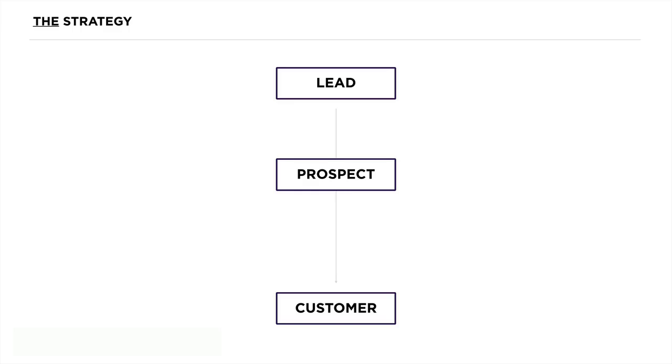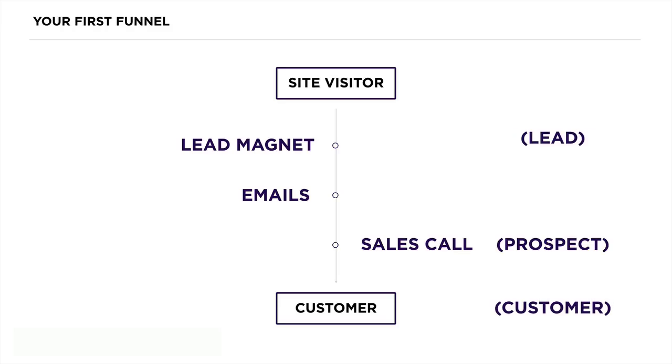And if this image looks familiar, it's because you've already implemented a version of it in the previous module back when we covered your first funnel. We built out one way to turn a visitor to your site into a lead, which they become once they opt in for your lead magnet. Then you set up an email sequence that converted a subset of those leads into prospects, which someone becomes once they indicate their interest in your offer by scheduling a sales call with you.